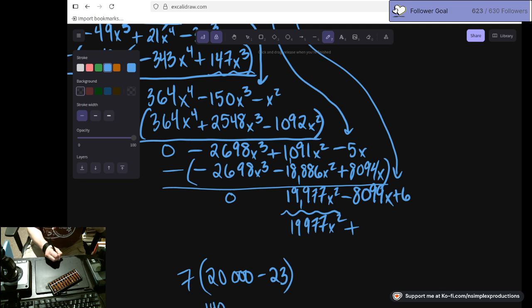So this is a 140,000 minus 161. So 139,839. 139,839x. Okay, and then this is going to be same thing here, but times 3.